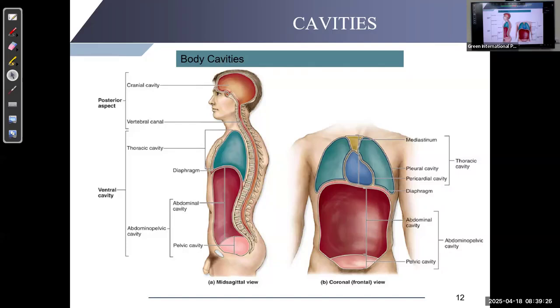Yes, around this abdominal cavity, the lining is known as peritoneum. Then retroperitoneal. Again, this you will be seeing in the medical records. What is the retroperitoneal area? Yes, back of the abdominal cavity is known as the retroperitoneal area.